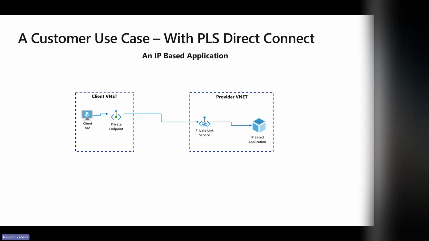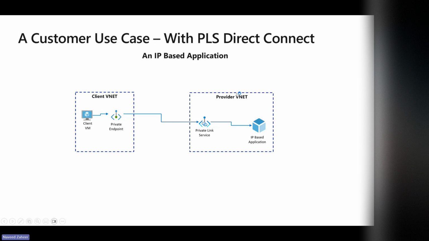It's a very simple architecture where you have PLS Direct Connect directly connecting to the private IP of the application as a destination IP and exposing it over private link, so other apps or the customers can connect to it over a private endpoint. Any questions so far? Good.